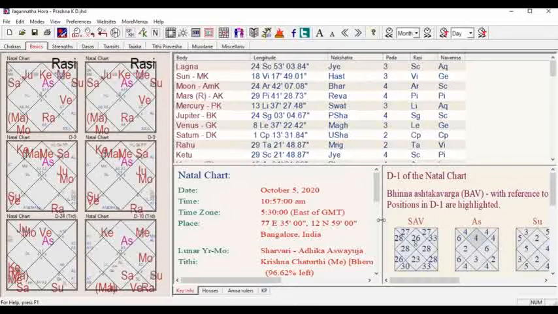So in D9, Sun is with Venus, which is not good. Ascendant Lord is Mars. Mars is in retrograde. So Mars is debilitated in the natal chart. Revati Nakshatra. Lagna.